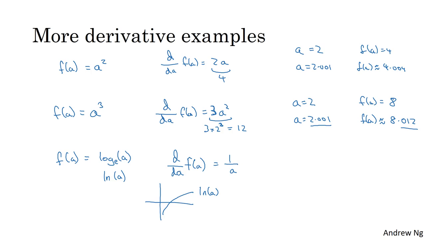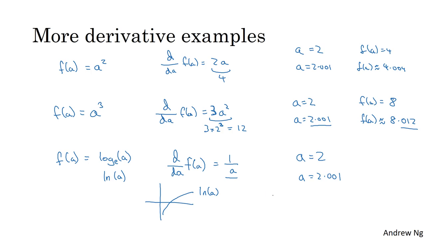So the way to interpret this is that if a is any value, and again, let's just keep using a equals 2 as an example, and you nudge a to the right by 0.001, you would expect f(a) to go up by 1 over a, that is by the derivative, times the amount that you increased a.